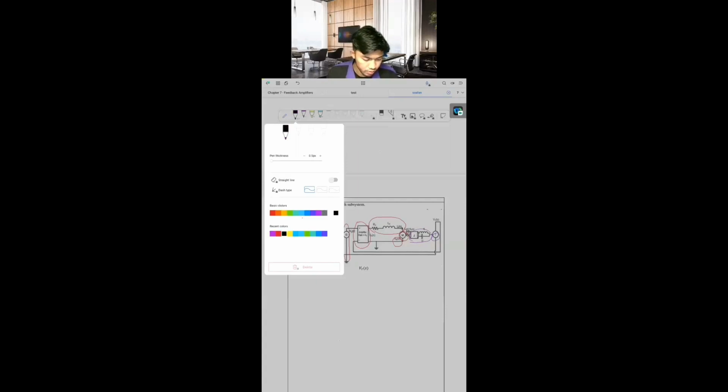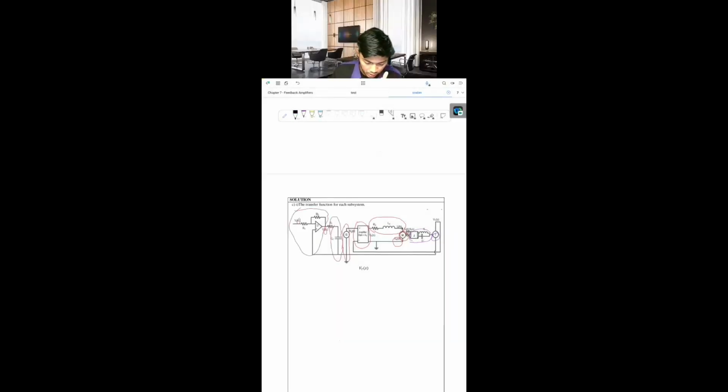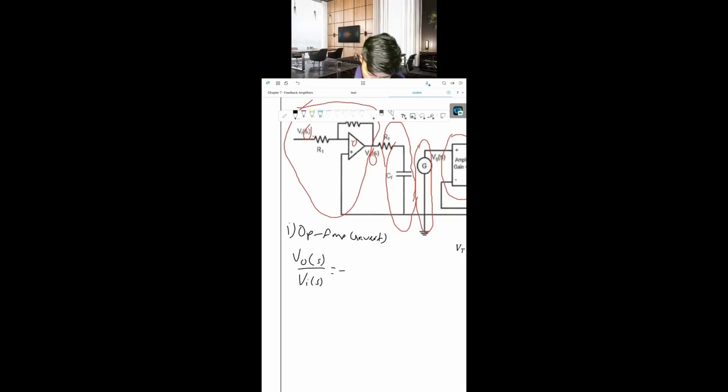Now we just have to write down all the equation for each subsystem. First one is the inverting OM. So one is OM. Is V out over V in. V out is Z2 over Z1.